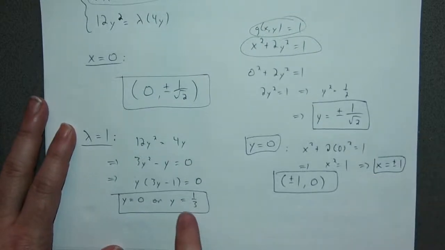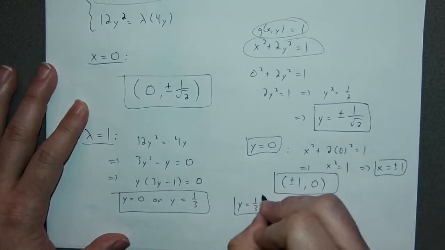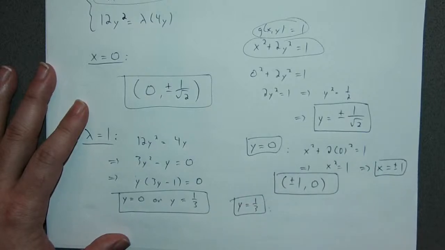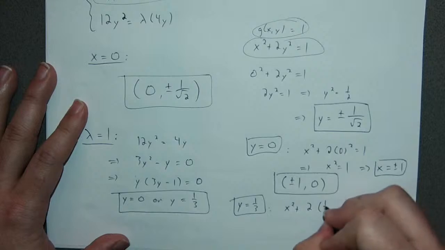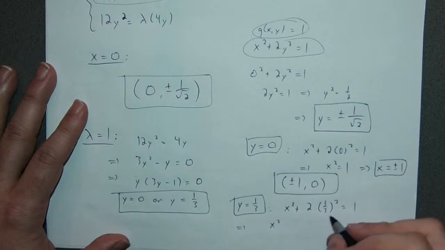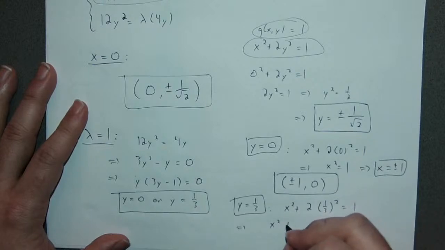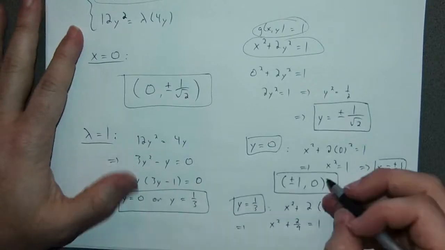I need one more case to consider, y is equal to 1/3. So what about y is equal to 1/3? Well, this means that x squared plus 2 times 1/3 squared is equal to 1, which tells me that x squared plus 2/9 is equal to 1. 1 minus 2/9 is 7/9.